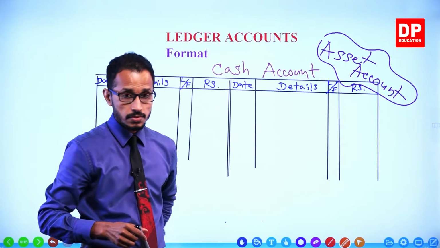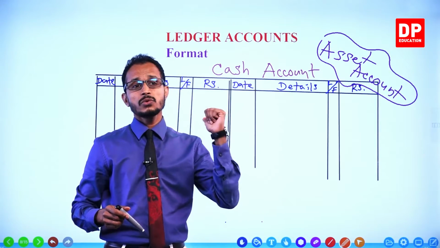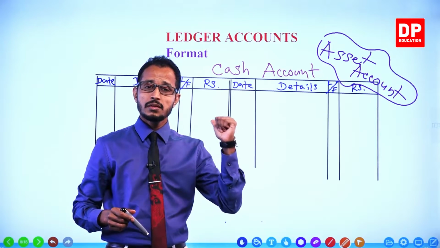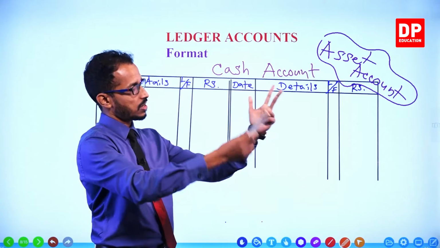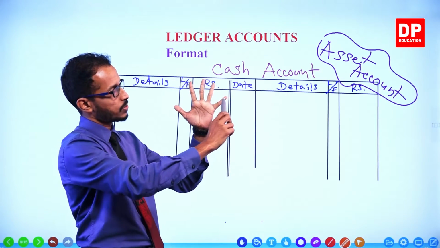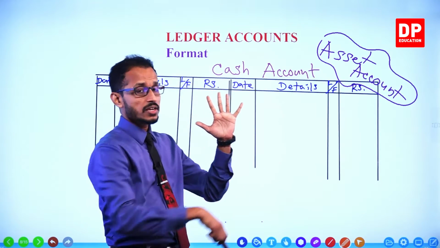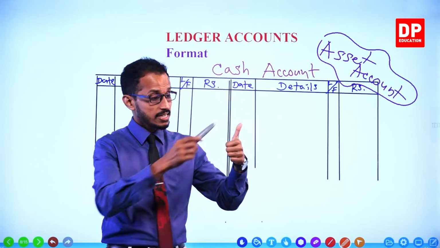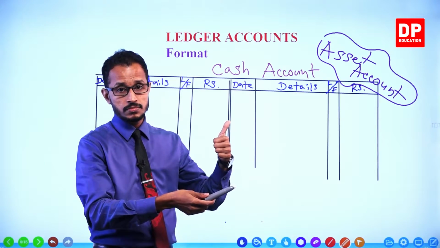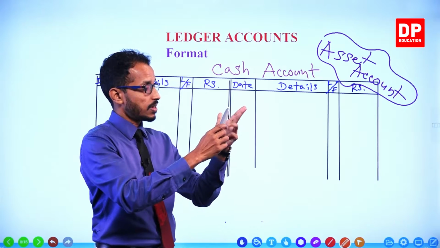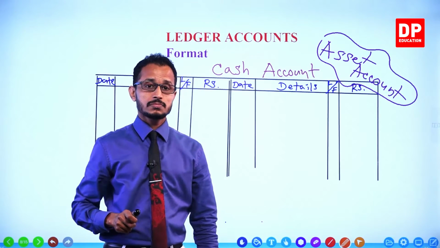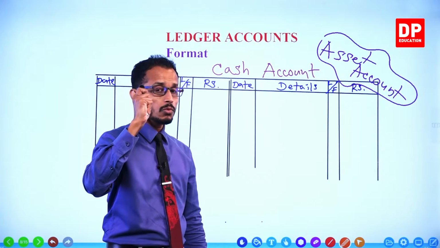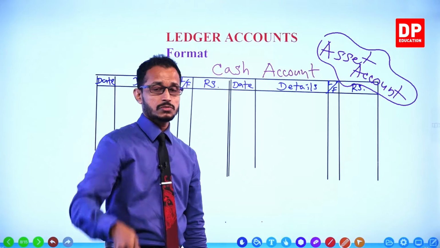Likewise, you will have many more asset accounts like building account, furniture account, equipment account, motor vehicles account, machineries account, debtors accounts. There will be a number of debtors, all assets, and all should have separate accounts.